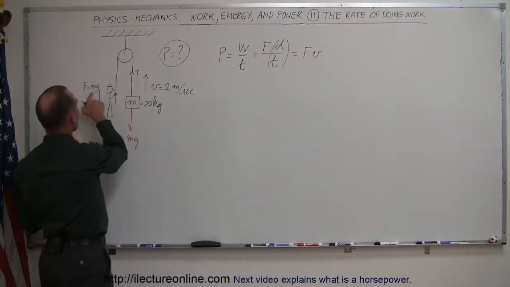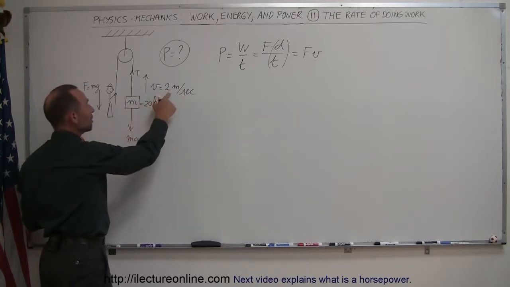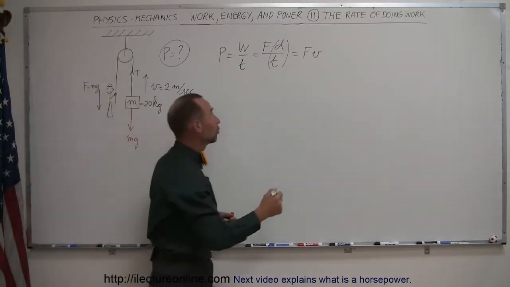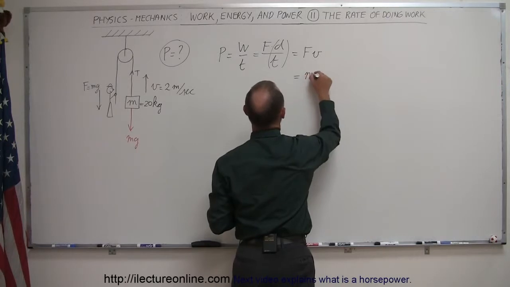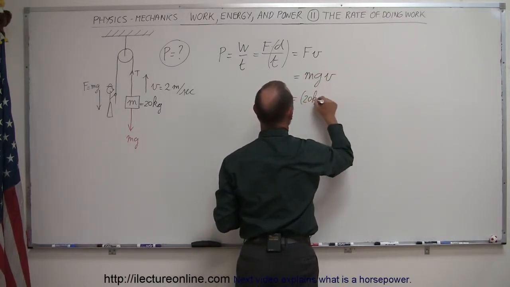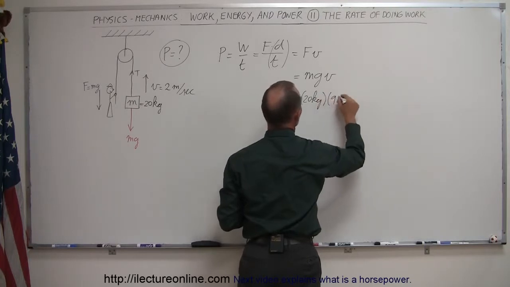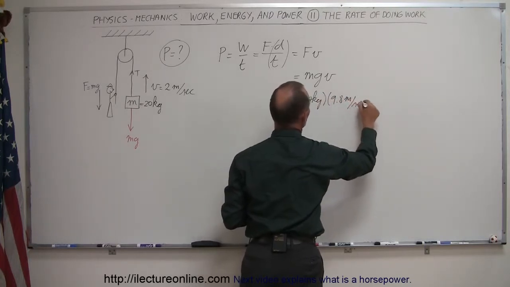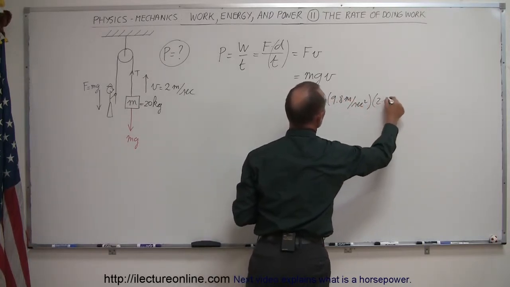So if the force is equal to mg, and the velocity is equal to 2 meters per second, we simply have to multiply those two. So this becomes mg times v, and so mass is 20 kilograms, g is 9.8 meters per second squared, and v is 2 meters per second.